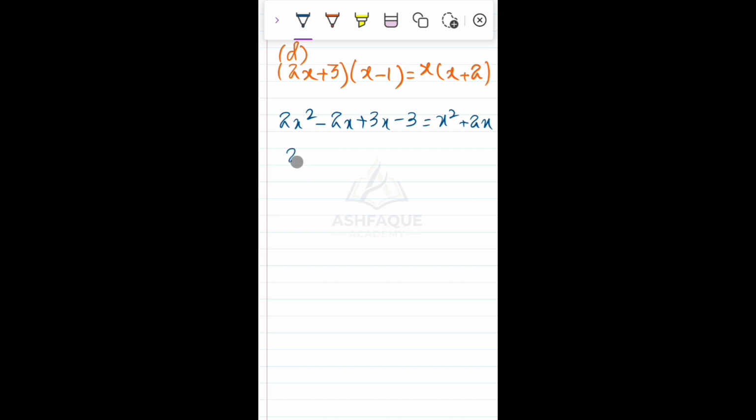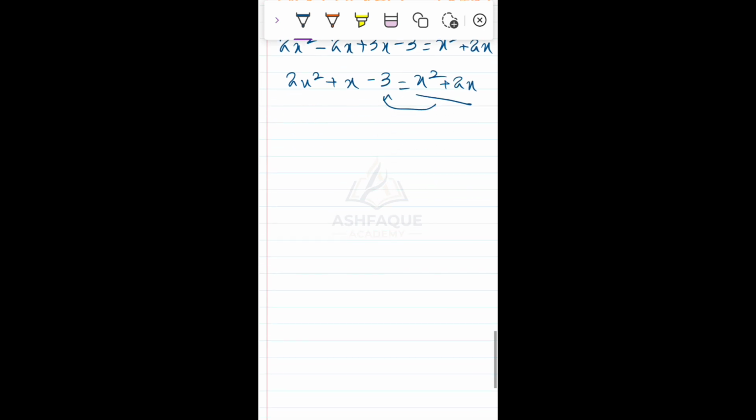So it will be 2x square plus x minus 3 is equal to x square plus 2x. We will shift x square plus 2x to the left hand side. So it will be 2x square plus x minus 3 minus x square minus 2x is equal to 0.